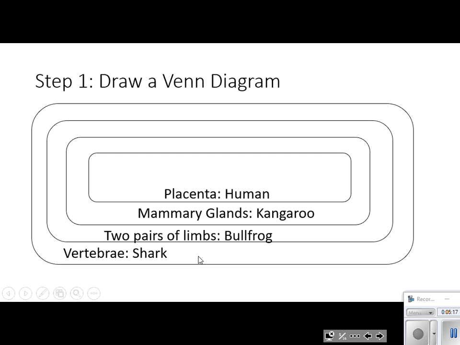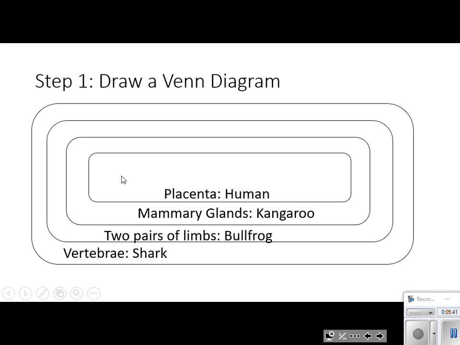Does a bullfrog have a placenta? No. Is the bullfrog in that circle? No. Does a kangaroo have a placenta? No. Okay. So now we've made our Venn diagram.